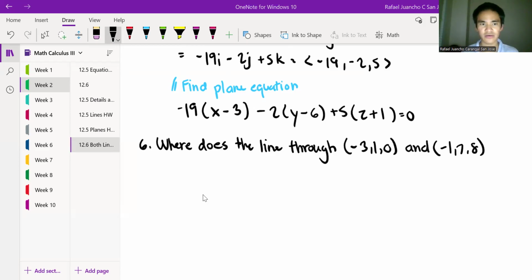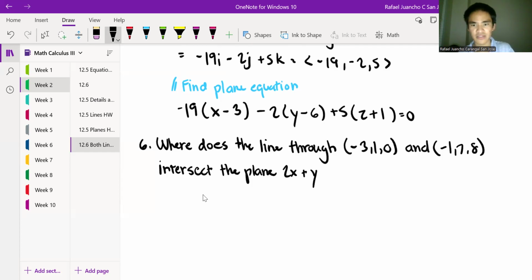Oh, look at that. Intersect the plane. 2x plus y minus z equals negative 2.